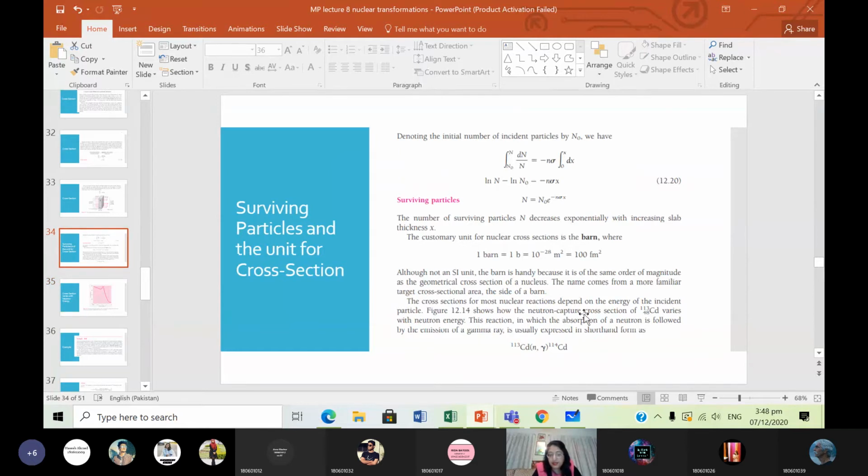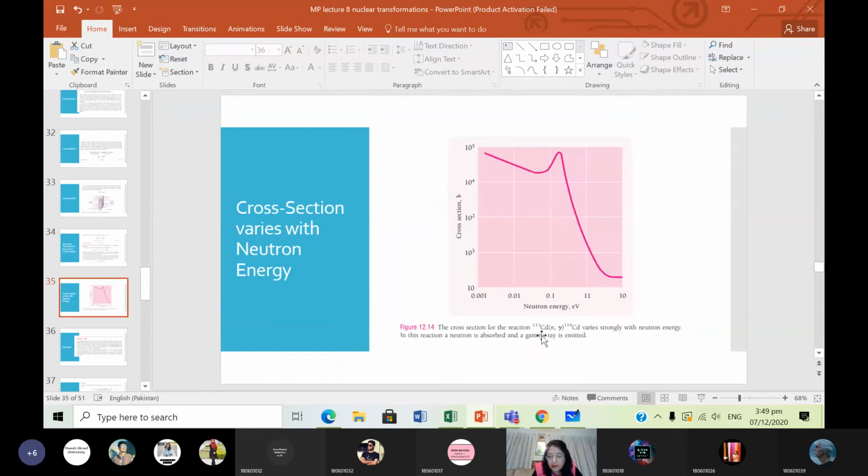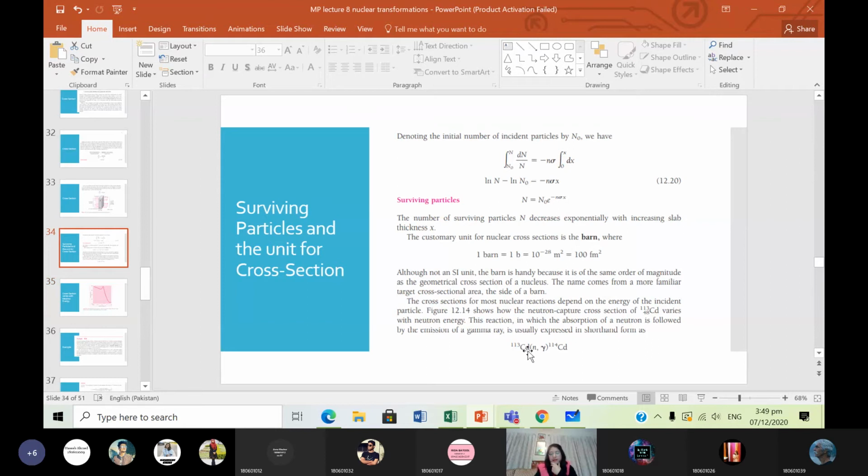So the figure shows how the neutron capture cross section of 113 cadmium 48 varies with neutron energy. Okay, so we have this particular nucleus here, it gives off gamma radiation, and it becomes converted to 114 cadmium. In this reaction a neutron is absorbed. When we mention a reaction like this, with the bracket, ठीक है?